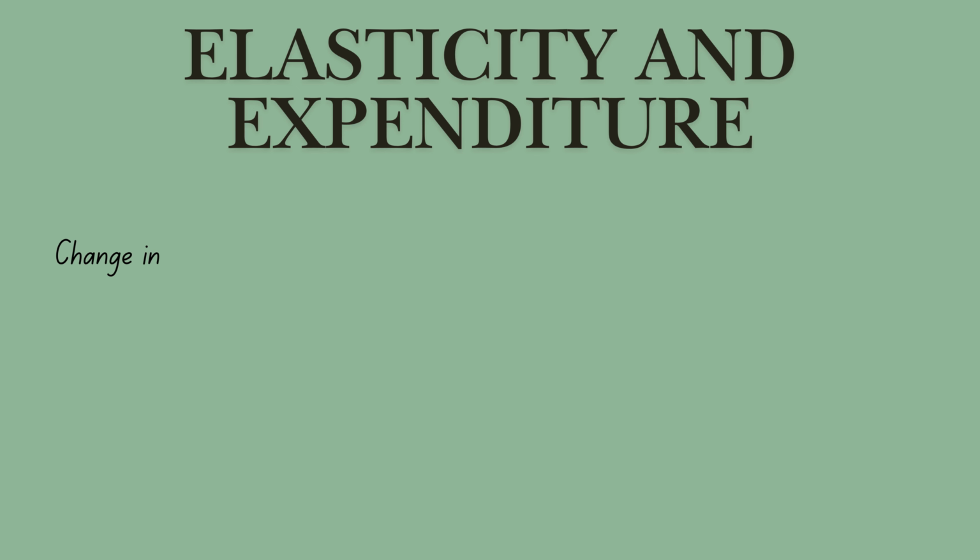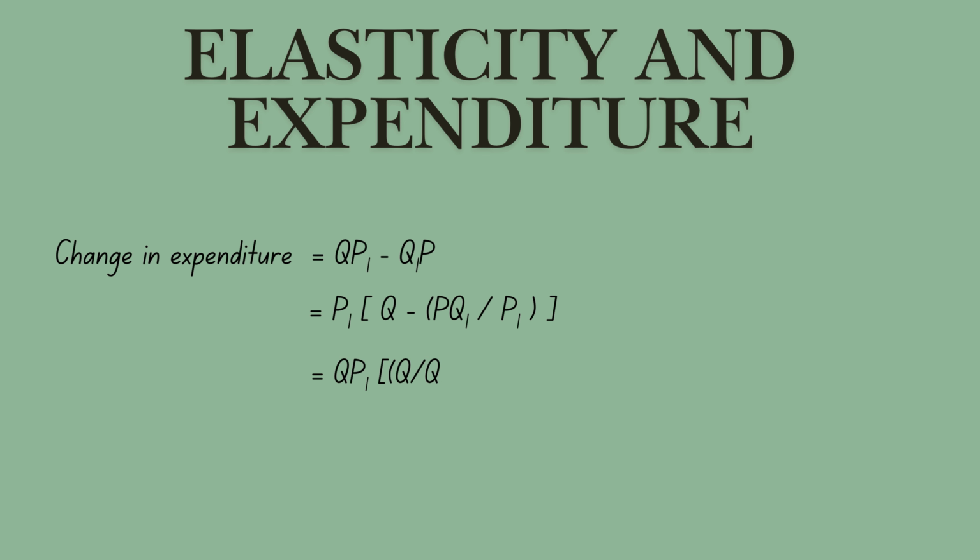Therefore, our change in expenditure equation would look something like this: Q into P1 minus Q1 into P. Taking P1 common from the equation, it will be equal to P1 whole multiplied by Q minus PQ1 upon P1. Multiplying and dividing the equation by Q, we will have Q into P1 whole multiplied by Q upon Q minus Q1 upon P1 into P upon Q.